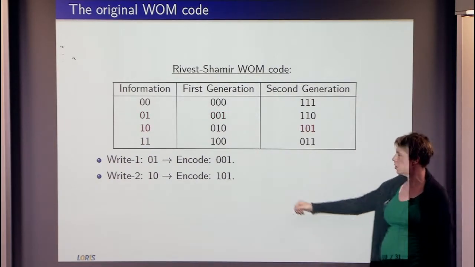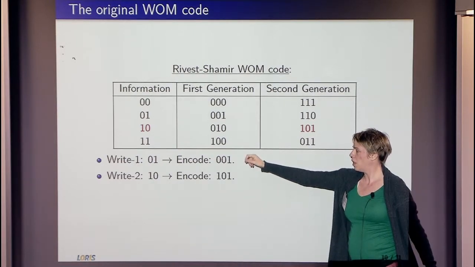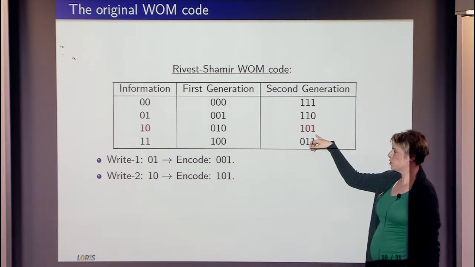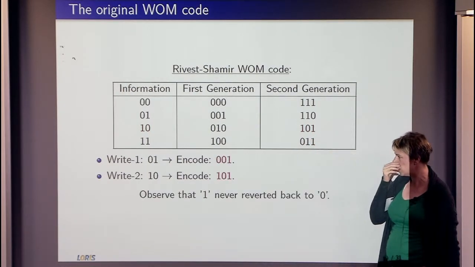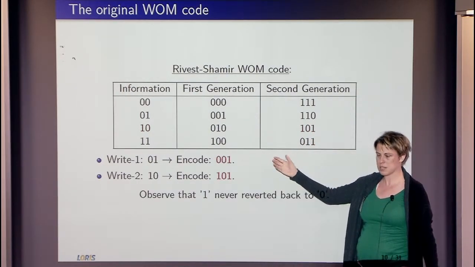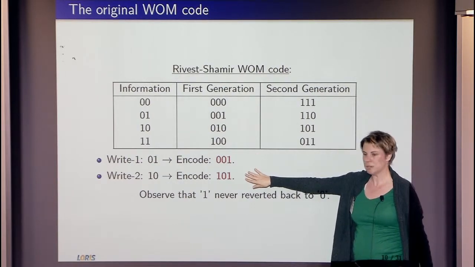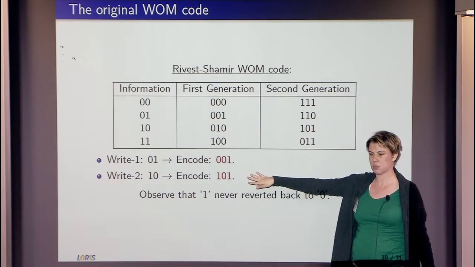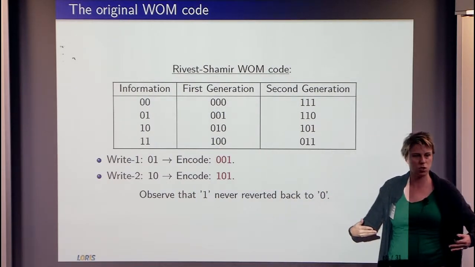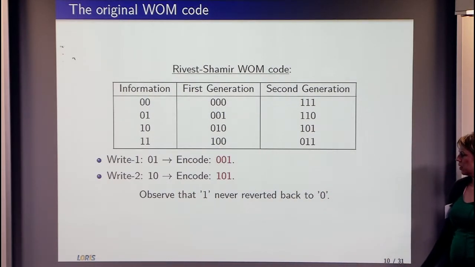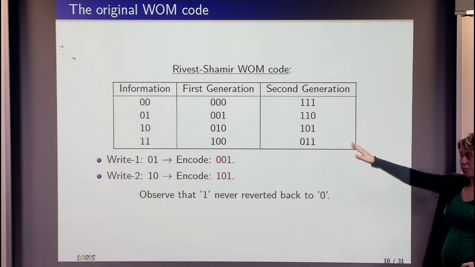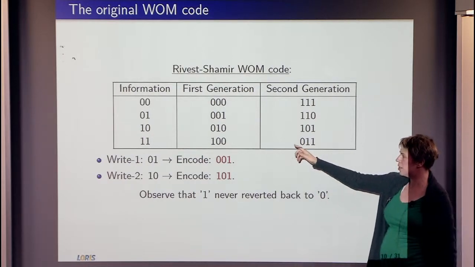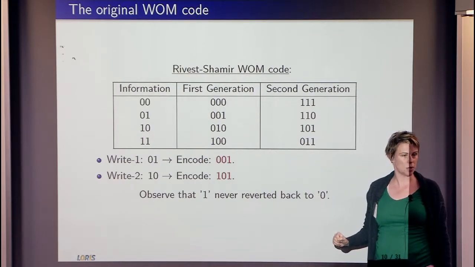On write 2, you go to the table. You want to encode, let's say, this message, 1, 0. So you would store 1, 0, 1. Notice that, at least in this example, 0, 0, 1 became 1, 0, 1, so we never had a case where 1 transitioned back to 0. So you can write 1, 0, 1 on top of 0, 0, 1. In fact, this was a very carefully constructed table, and you can check that indeed all these transitions are possible.